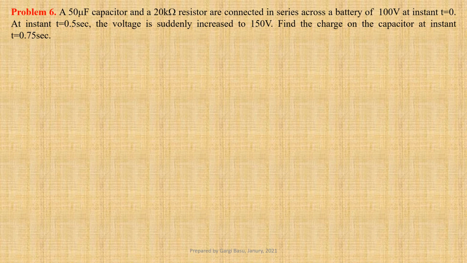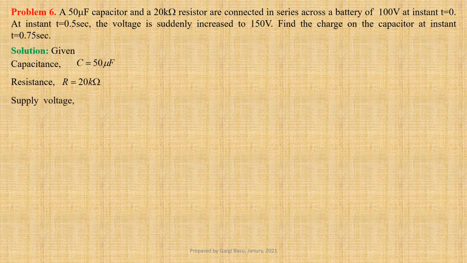Let us first write down the data given. Capacitance C equals 50 microfarad. Resistance R equals 20 kilo ohm. At t equals 0, supply voltage V1 equals 100 volts.